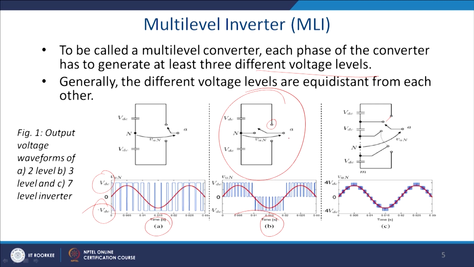Once you connect this switch at this point, it is required to block the voltage of VDC by 2, and within that it is required to block the voltage of VDC, and current can be bidirectional, that is the feature.